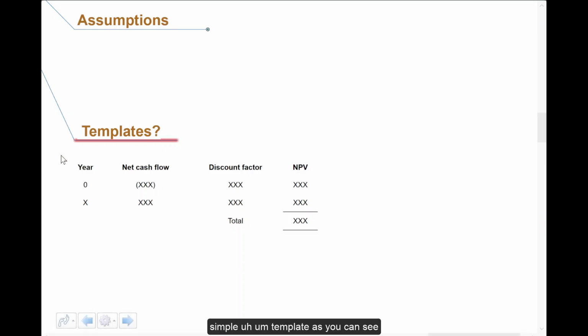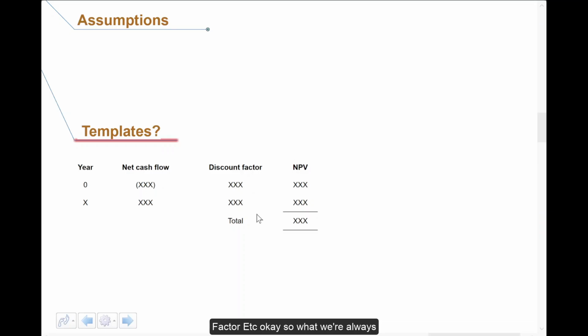This is a simple template, as you can see here: the year, the net cash flow, the discount factor, and the NPV. So let's say we're looking at year zero. Let's say we've got a setup cost going out. If it's year zero, the discount factor won't be relevant. The amount will go straight across. And then let's say year 1, net cash flow, discount factor, etc.